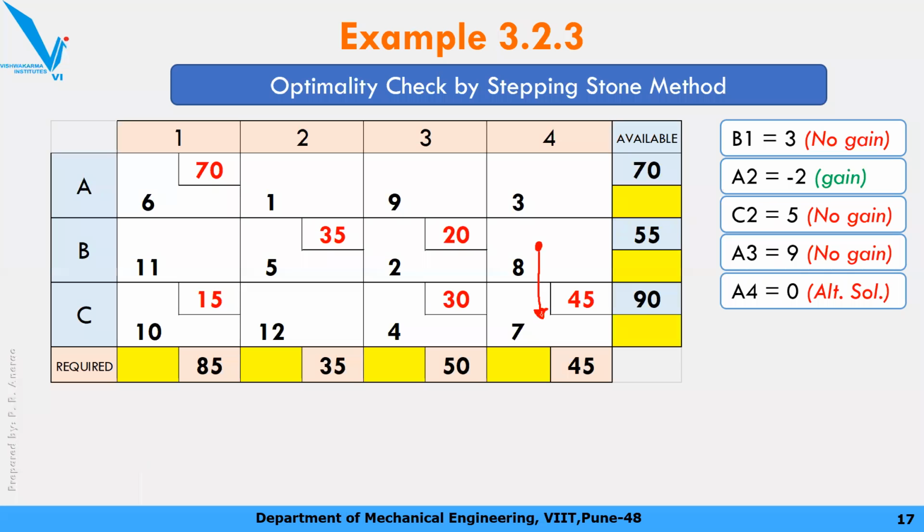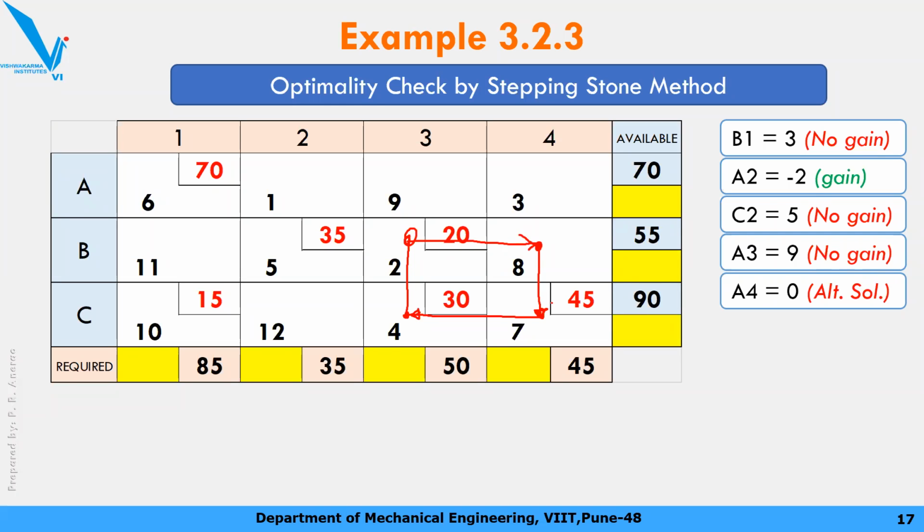As soon as you jump onto an occupied or allocated cell, you need to turn, and again jump onto an occupied or allotted cell only. So we'll go here, then jump on this side and then come back. Prepare a closed loop like this.